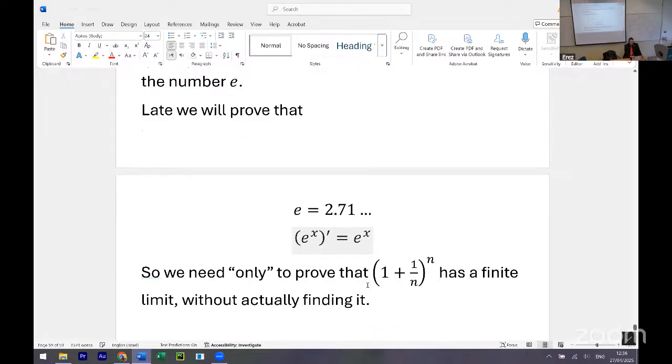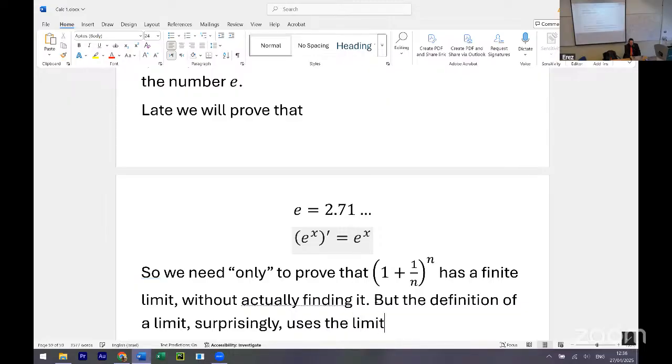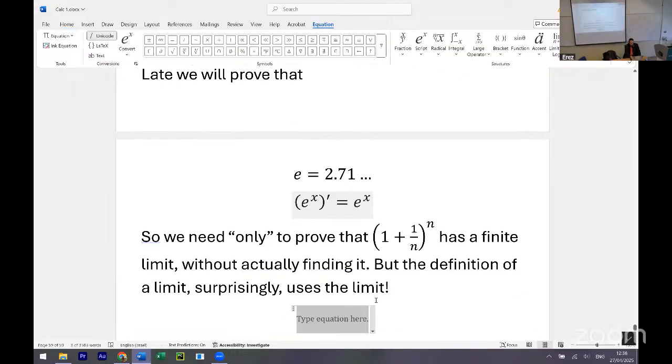But that's weird. Why? The definition of a limit surprisingly uses the limit, right? The definition is blah blah blah. That's not the formal stuff. That's how I would put it.